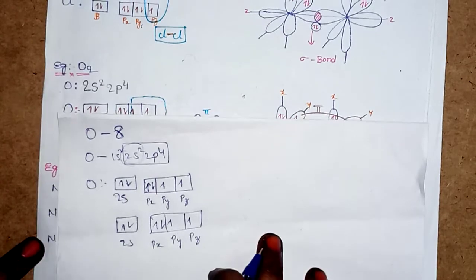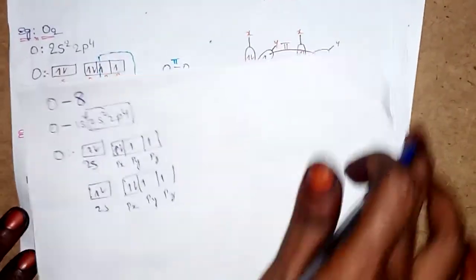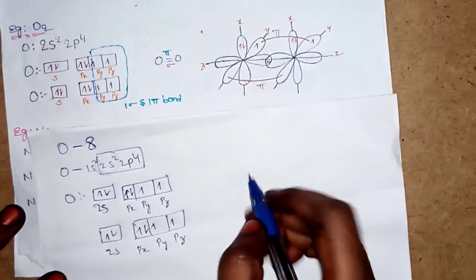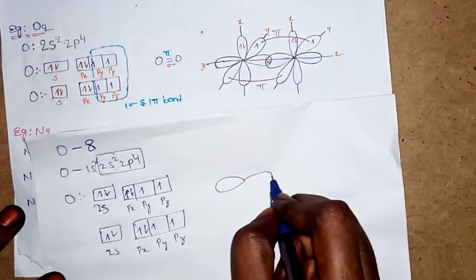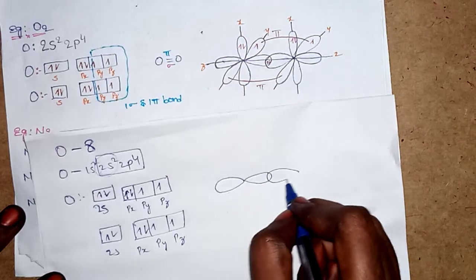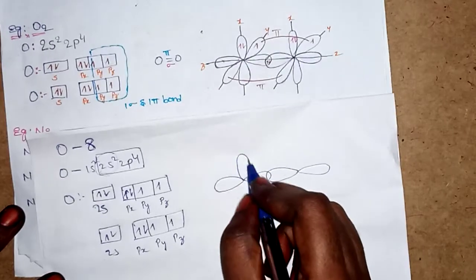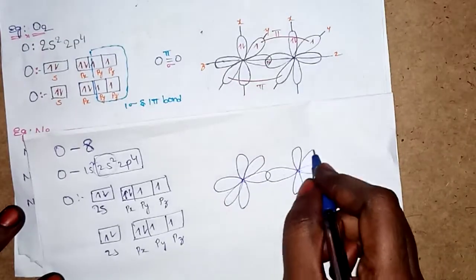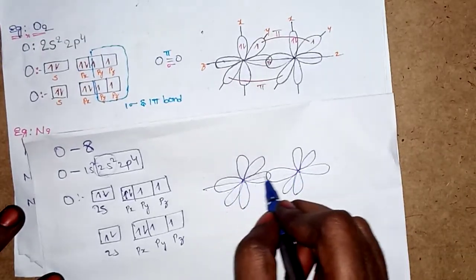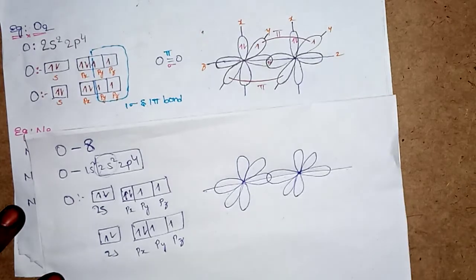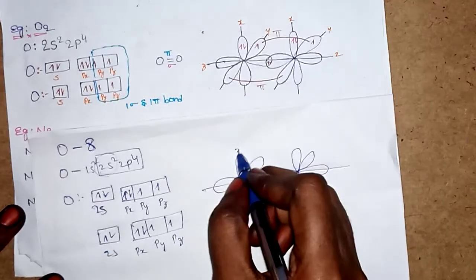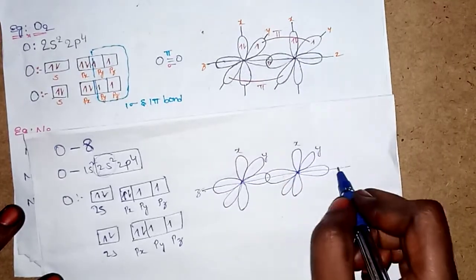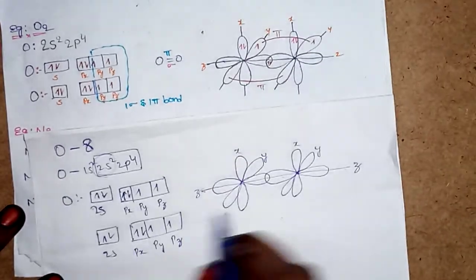Now see the p orbital structure. We are drawing the p orbitals here. This is the internuclear axis. We already know this is the x-axis, y-axis and z-axis, and similarly for the other atom.